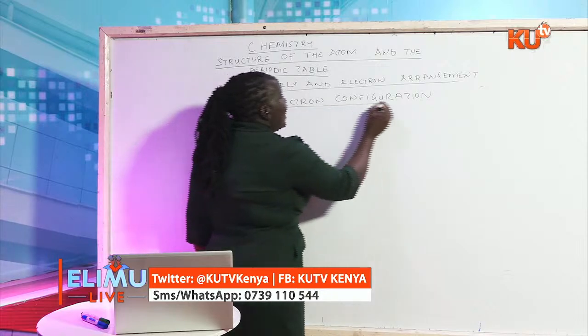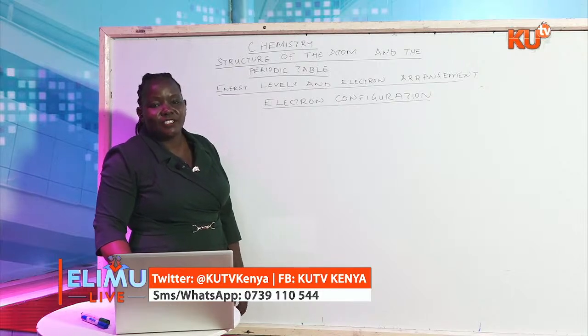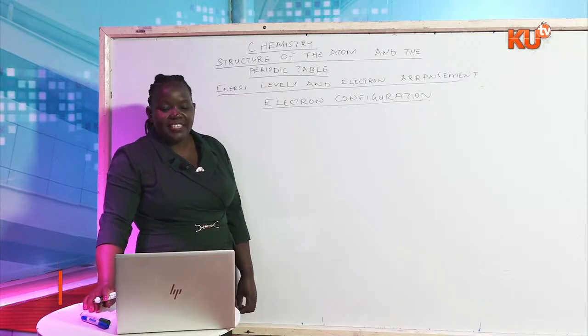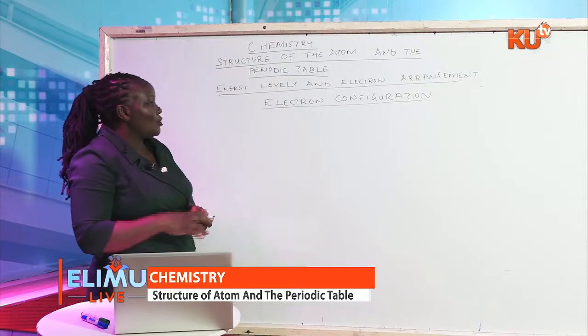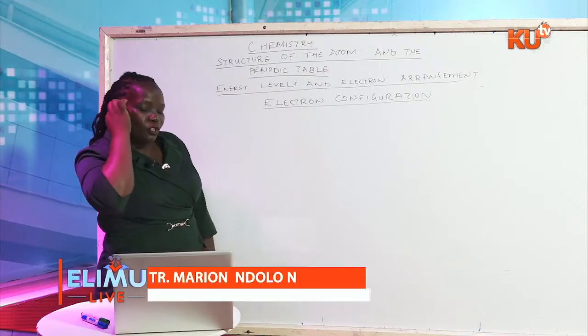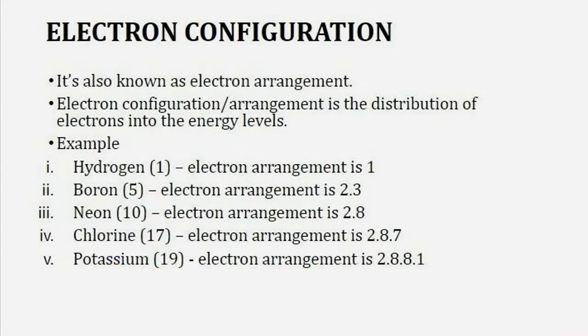When we talk about electron configuration, it is also known as electron arrangement. It is the distribution of electrons into the energy levels.